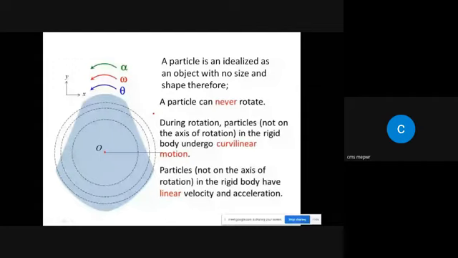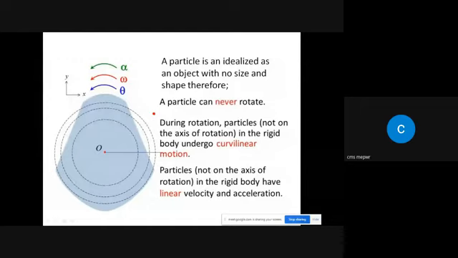If there is zero dimension, how can it rotate about a fixed point? This means that during rotation, a particle in the rigid body does not undergo rotation.